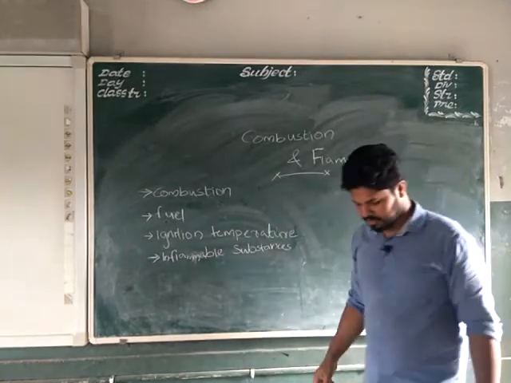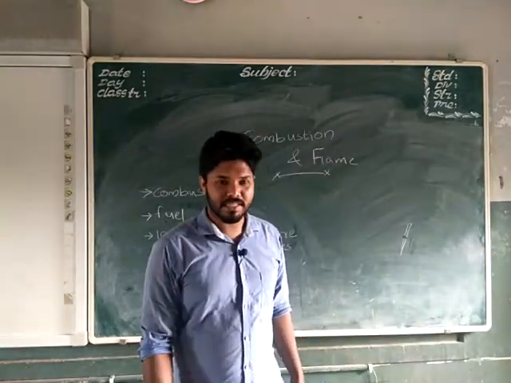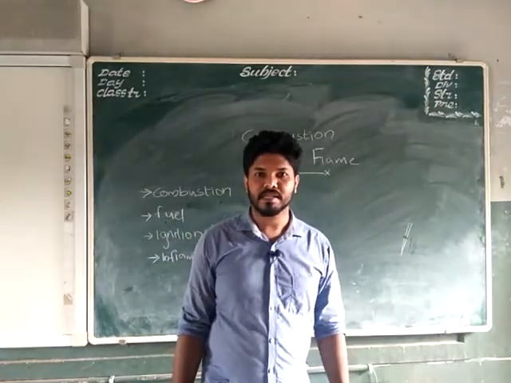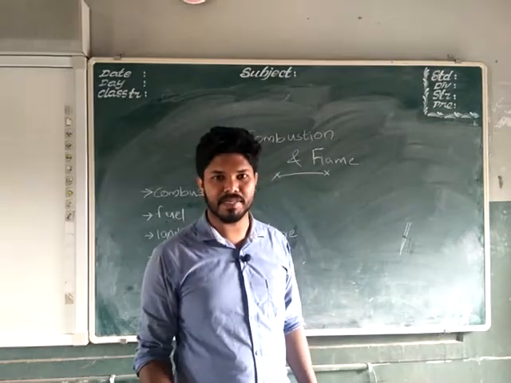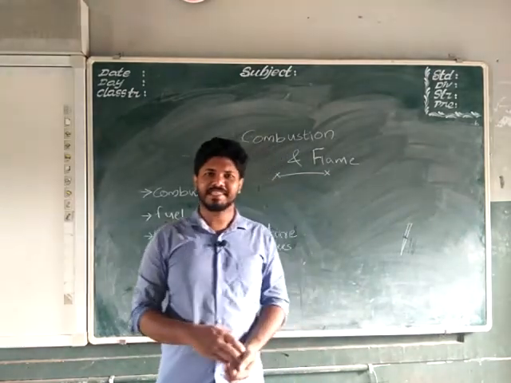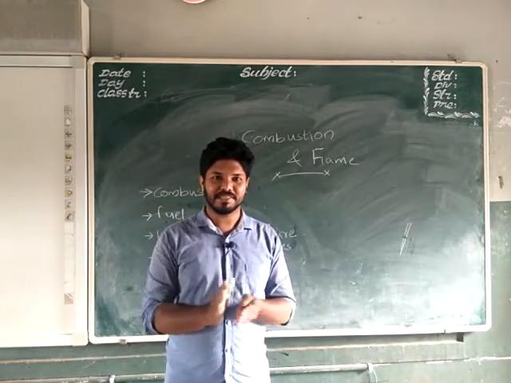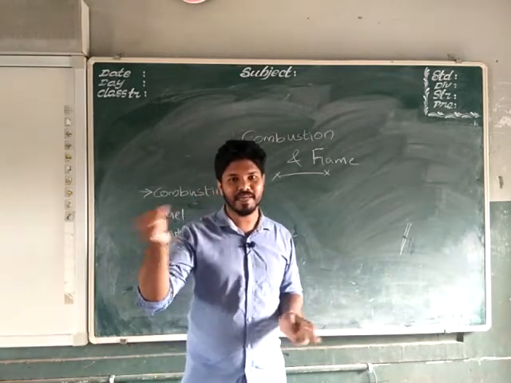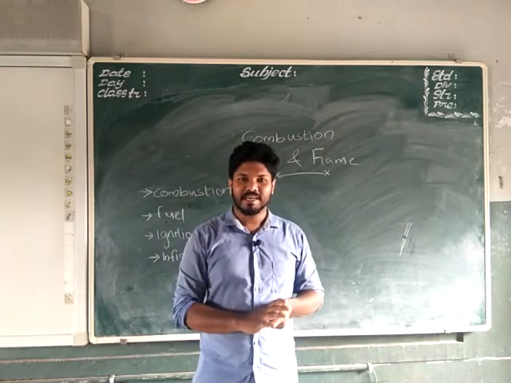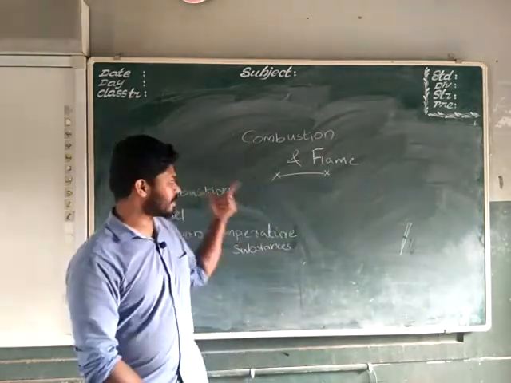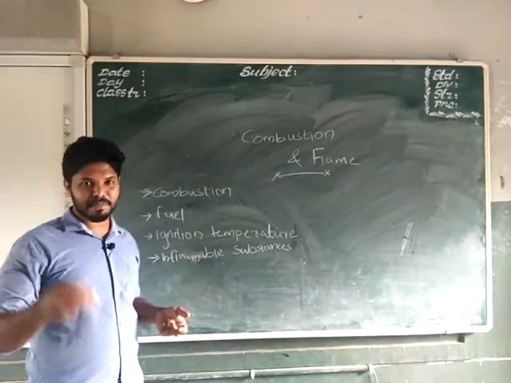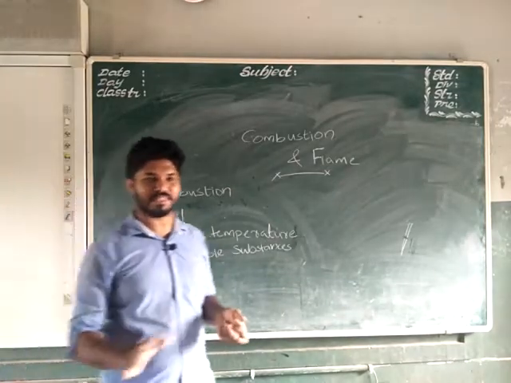Now coming to the section, you may have already seen in 7th standard the burning of magnesium ribbon. It gives a very milky white flame, isn't it? And it leaves behind ash also. That is the byproduct in this chemical process, in combustion.